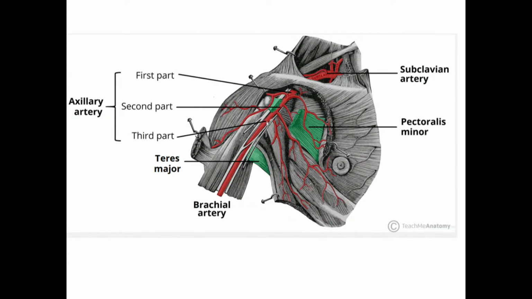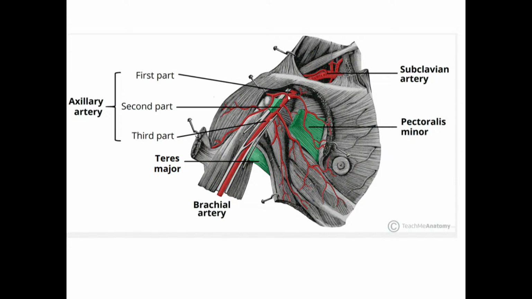So once again, to see more in 3D, here is this photo. This is our subclavian artery. At rib number 1, it became the axillary artery. And from the teres major, it became the brachial artery, right? And this is our pectoralis minor muscle. It is halfway cut to better see the axillary artery and its 3 parts.